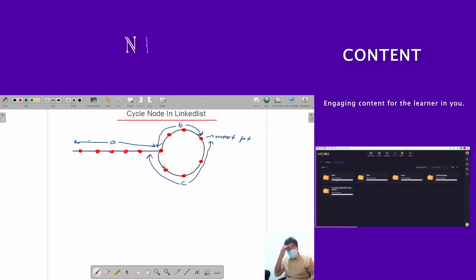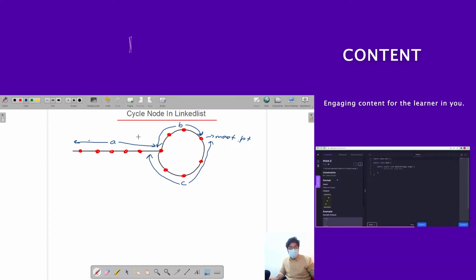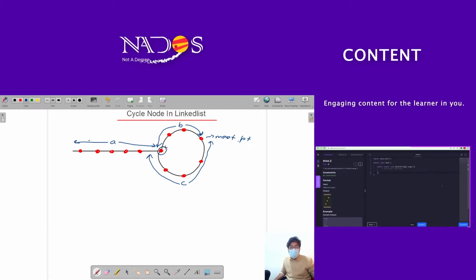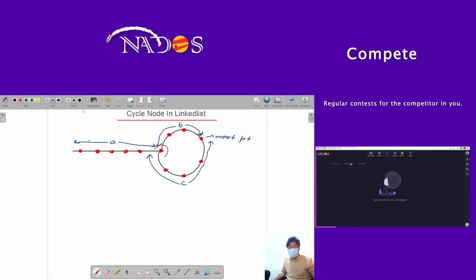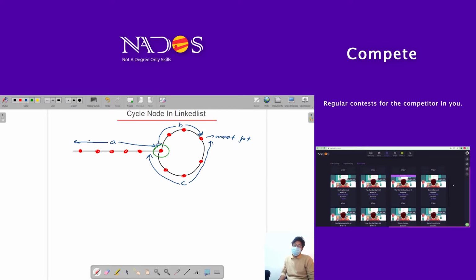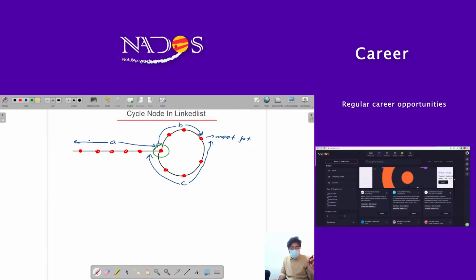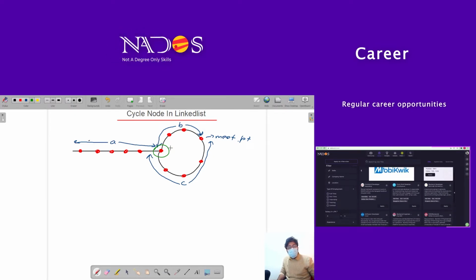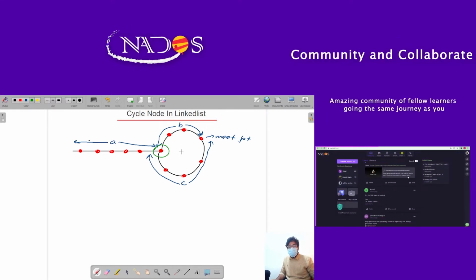But in this question, what the question wants from us is not just the true or false. This time the question wants the starting node of our cycle, not just true and false, that if it is a cycle or not.